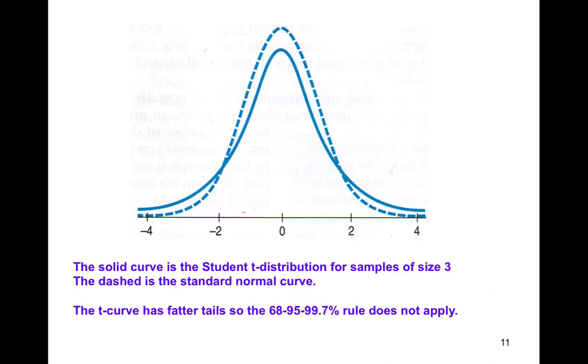To give you an idea, the solid curve is the t distribution for a sample of size 3, and the dashed curve is the normal distribution. As the sample size gets larger, the t distribution looks more and more like the normal curve. However, it does not follow the 68, 95, 99% rule.